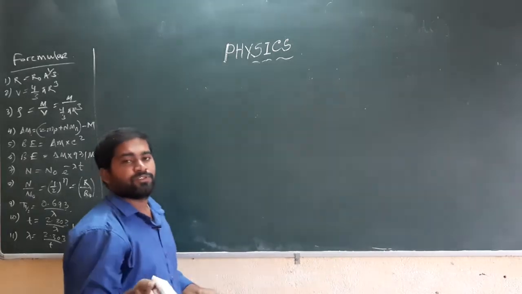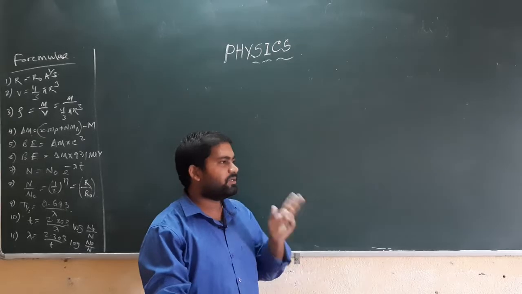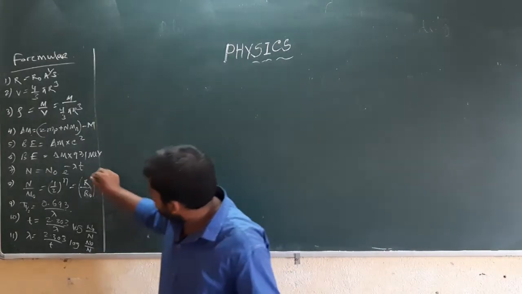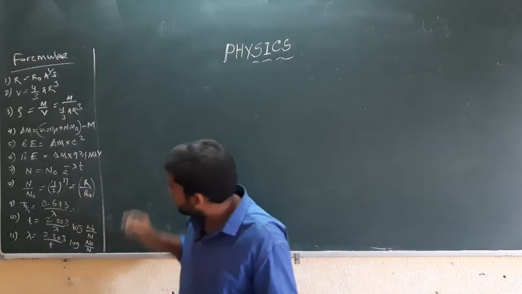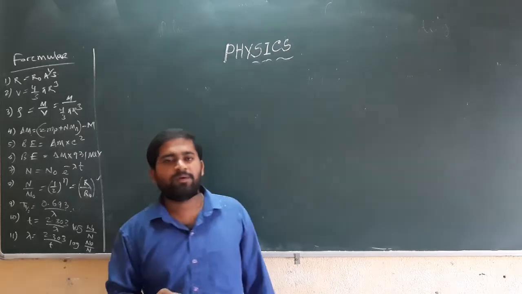Depending upon the half life period, we know there are 2 different formulas. The half life period may arise from this formula, and there is also this formula. Here n is the number of half lives.